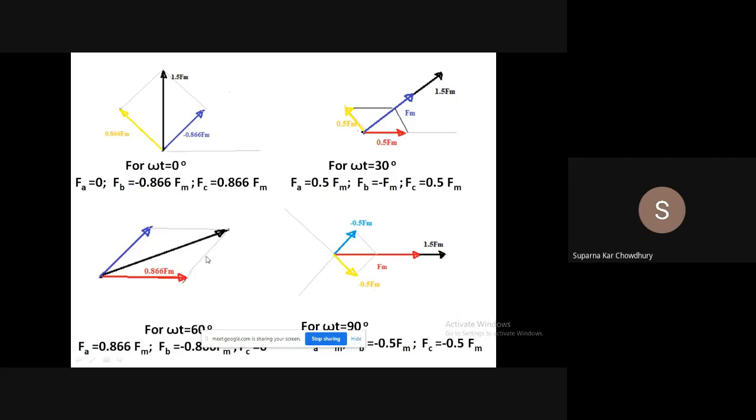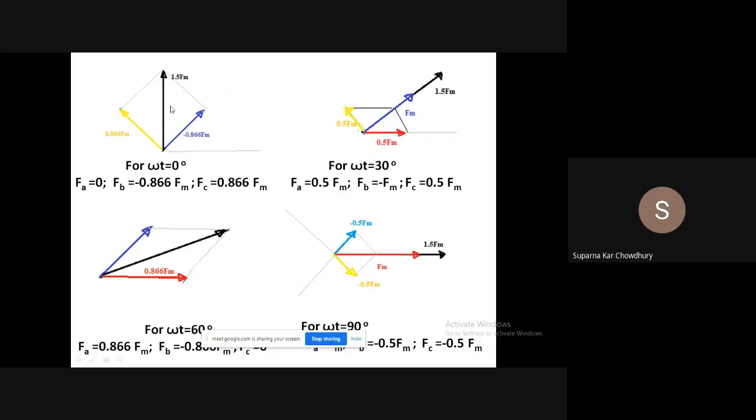So what happens at omega t equal to 0? Then FA is equal to 0, FB is equal to minus 0.866 FM, and FC is plus 0.866 FM.